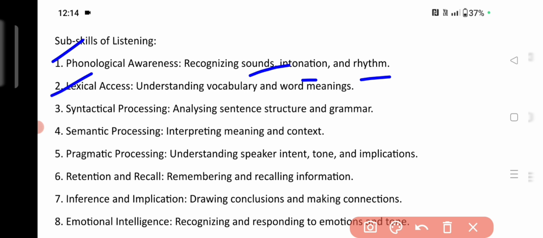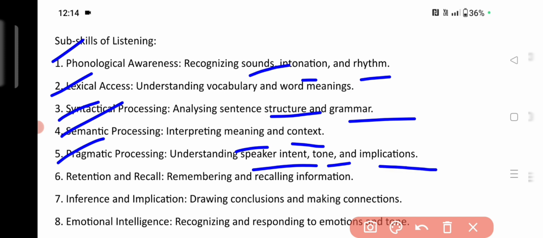Lexical access is understanding vocabulary, words and meanings. Syntactic processing is analyzing sentence structure and grammar. Semantic processing is interpreting meaning and context. Pragmatic processing is speaker intent, tone and implication.